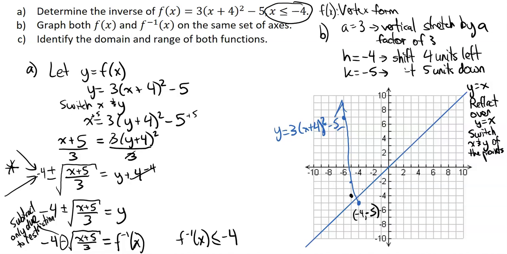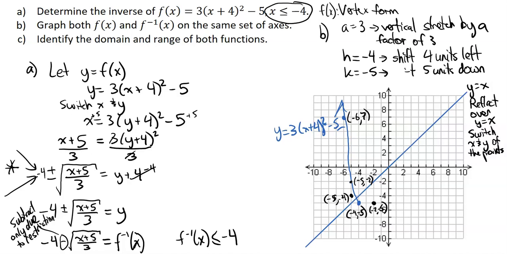The next point I had up here on the blue was right there, and that was the point (-5, -2). And so now I'm going to go instead to (-2, -5). (-2, -5) is right here.